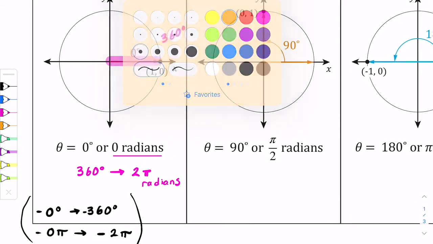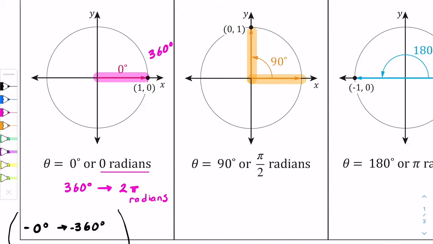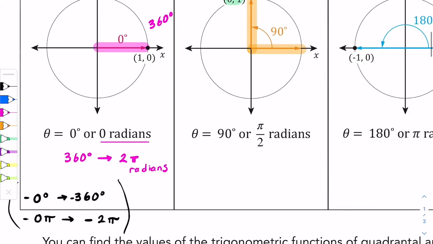If you have an angle in standard position graphed on the initial side and the terminal side is at 90 degrees, this would be a 90-degree quadrantal angle. This happens at the point 0, 1. Remember that the radius is 1, so when we say 0, 1, that's telling you the length of this side is 1. 90 degrees is comparable to pi over 2 radians.